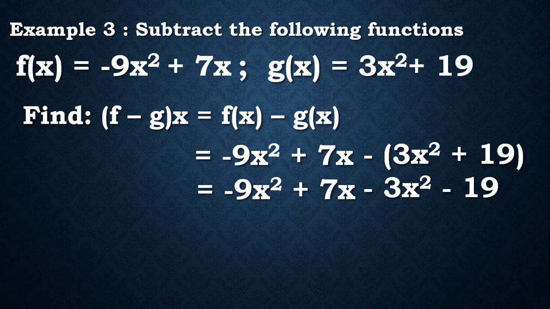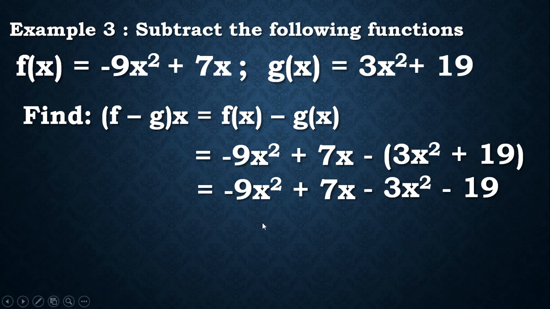Negative times positive is negative. Positive times negative is negative. Simply like this: if you are multiplying like signs, the sign of the answer will always be positive. If you are multiplying unlike signs, or different signs, the sign of the answer will always be negative.